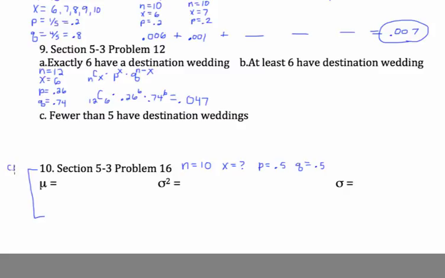You go to chapter 5, and you know that you have a binomial distribution. So you look for mean for the binomial distribution. You see the formula is n times p. And for variance and standard deviation of a binomial, it's n times p times q, and the square root of n times p times q.